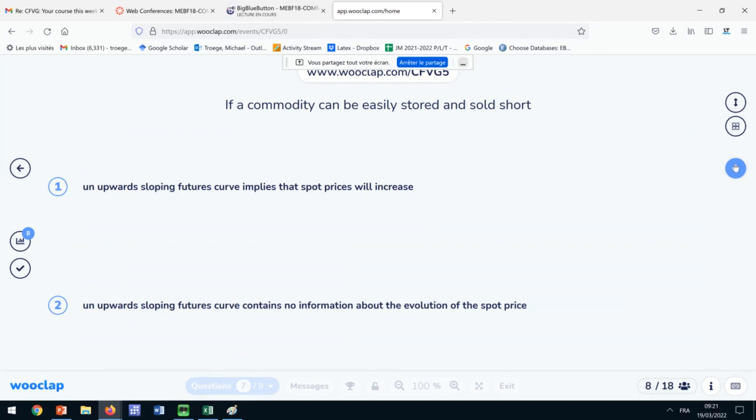And we said sometimes it does and sometimes it doesn't. It really depends on the type of commodity, and it also depends on whether there's scarcity or not. But let's suppose that there is no scarcity and that you have easy storability. What does it mean about the prices?